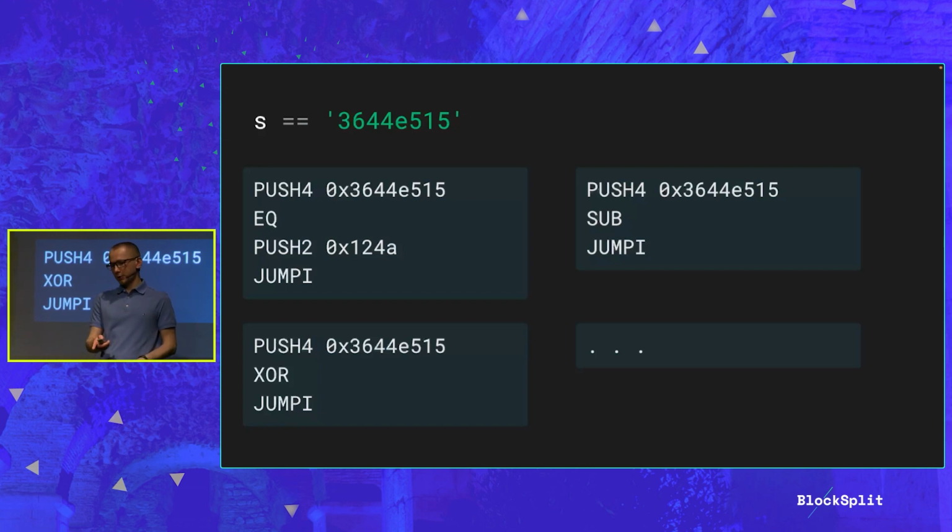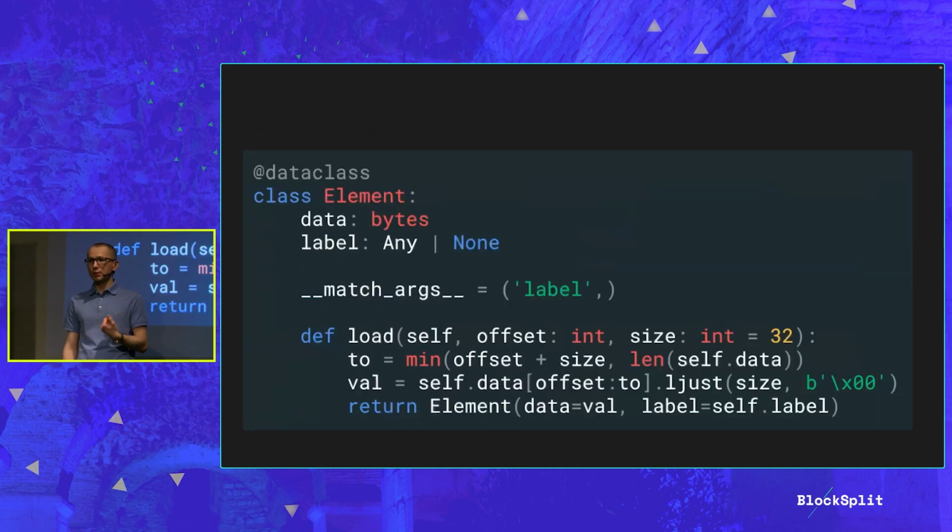It can be the equal opcode, a subtraction opcode, an XOR opcode, or even, for the older versions of the Vyper compiler, for some reason it uses memory. It can be implemented using just the stack, which is faster and costs less gas, but for some reason they use memory.